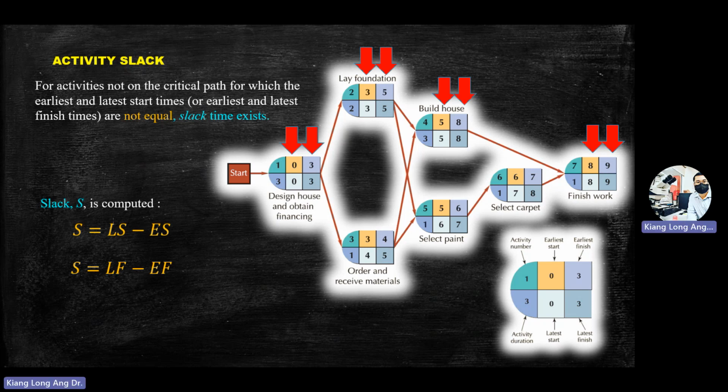You use LS minus ES, or you can take LF minus EF. You take this one minus this one, you get slack time.